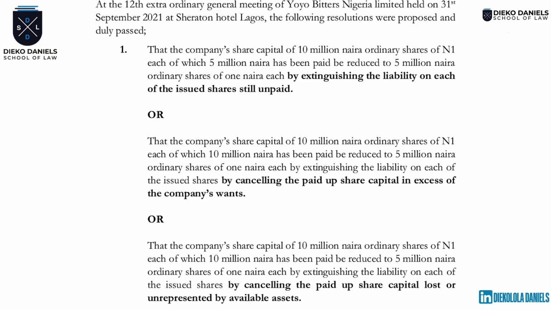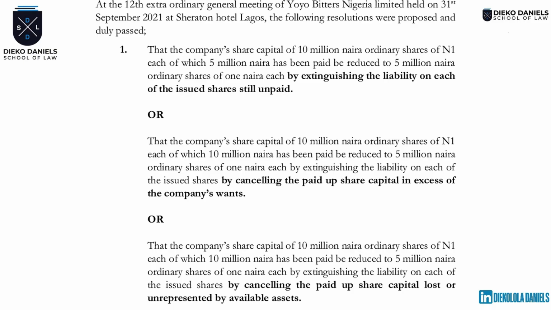You want to reduce your share capital, which is 100 million naira ordinary shares of 1 naira each, to 5 million ordinary shares of 1 naira each. But you have to tell us that you are reducing it from 100 million ordinary shares of 1 naira each, of which only 5 million naira has been paid for, right?